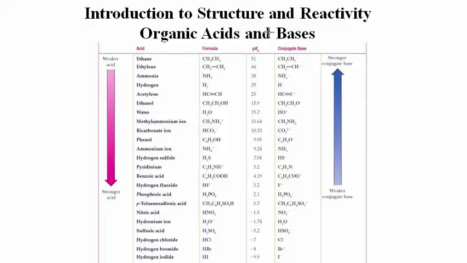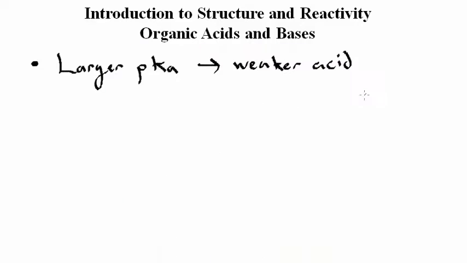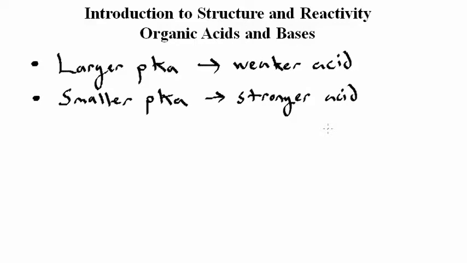You'll probably be able to find a very similar chart in your textbooks, so I'm going to move on and discuss a couple of very important relationships. The first relationship is that the larger the pKa value, the weaker the acid. Inversely, the smaller the pKa, the stronger the acid.